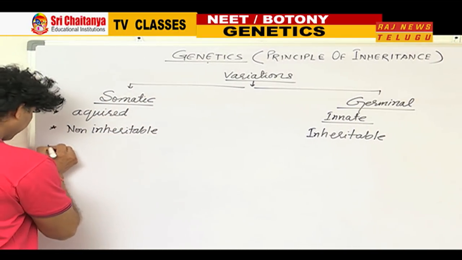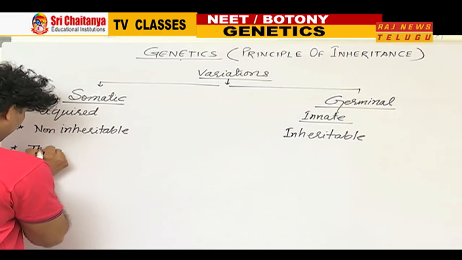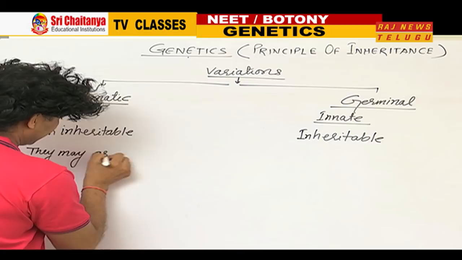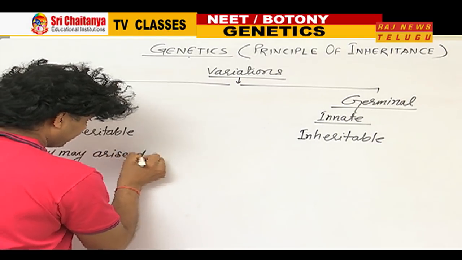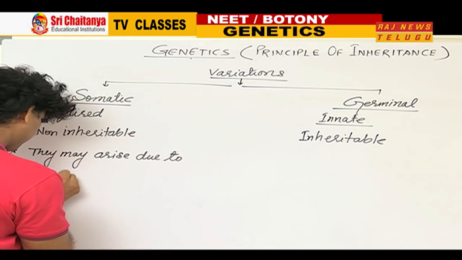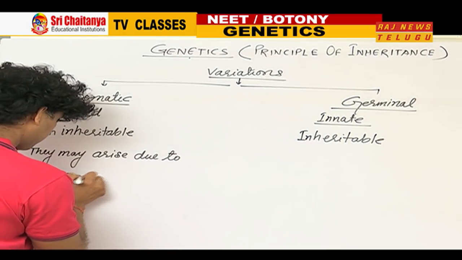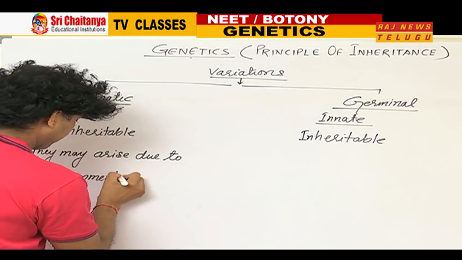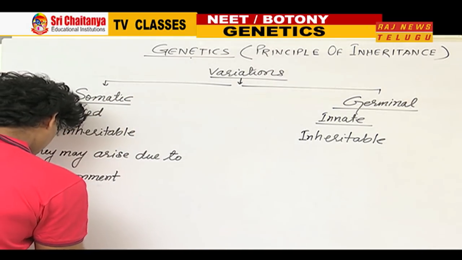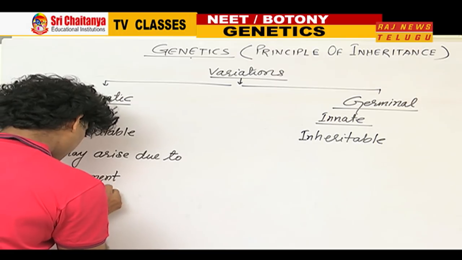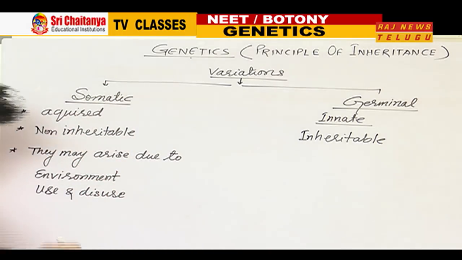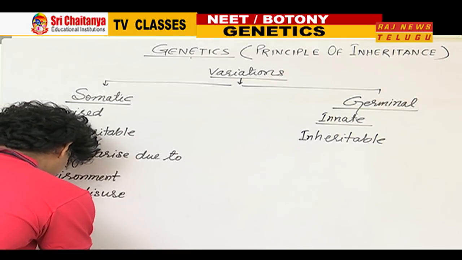Third thing, somatic variations may arise due to environment, environmental variations, may be due to use and disuse, and maybe because of conscious efforts.